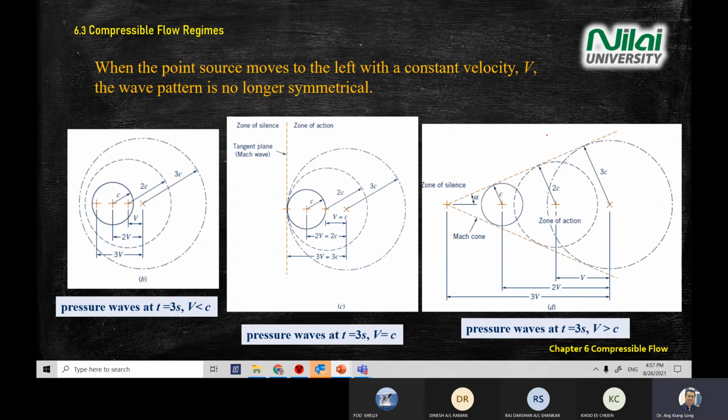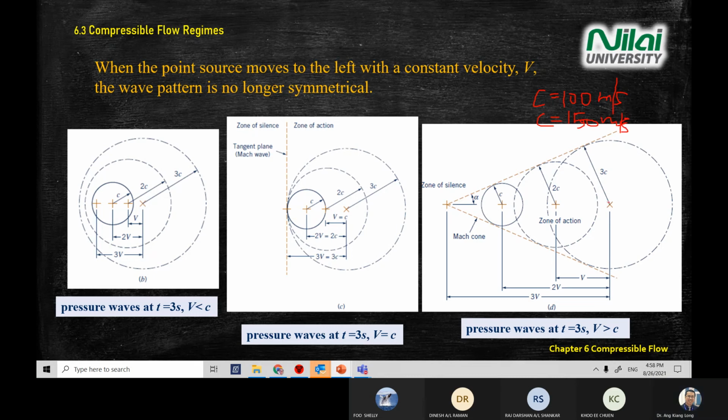Okay, you can use a graph to plot this phenomenon. Let's say you fix your speed of sound at 100 for the third diagram, and you have a fighter jet or a vehicle that moves at maybe 150. Then on the graph itself, you can plot what happened after 3 seconds.